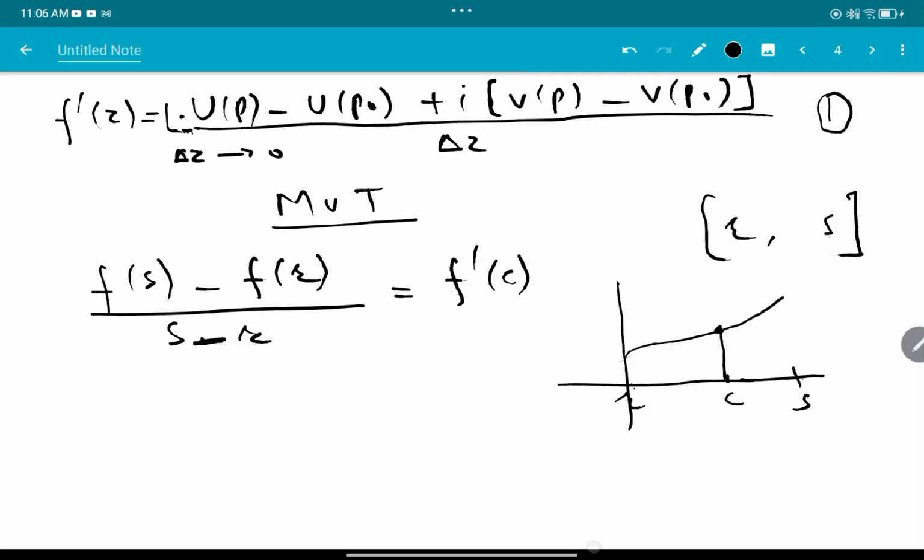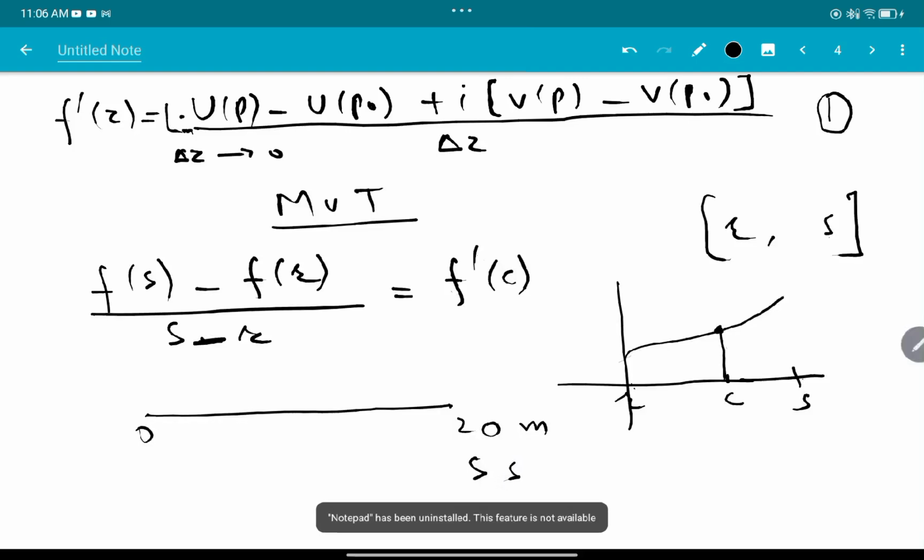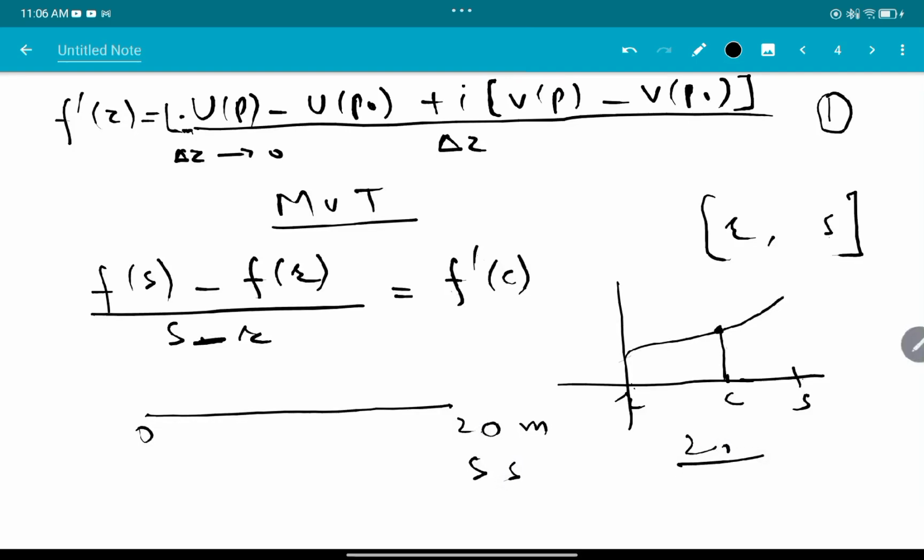It is something as I had given you as a simple example. Suppose a car starts from rest and then travels a distance of 20 meters in say 5 seconds. If we calculate its average speed, it will be distance divided by 5, that is 4 meters per second.